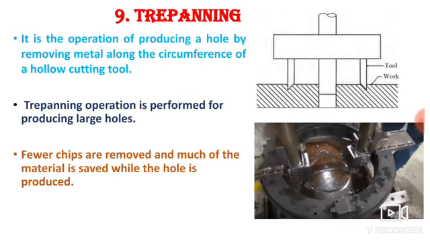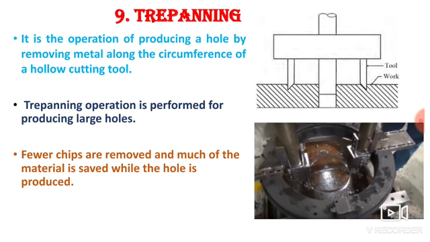Okay. So this is the basic difference between drilling and trepanning. Whenever we want to produce a hole with a large diameter, we can use the trepanning operation. Fewer chips are removed and much of the material is saved while the hole is produced. So in the drilling operation, the material is removed in the form of chips, which is not useful.